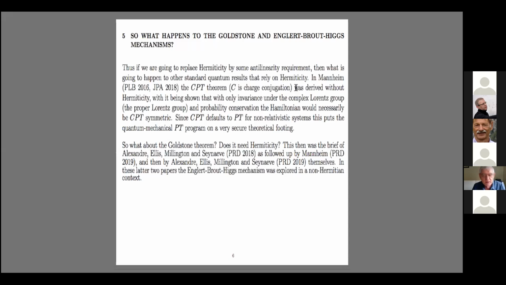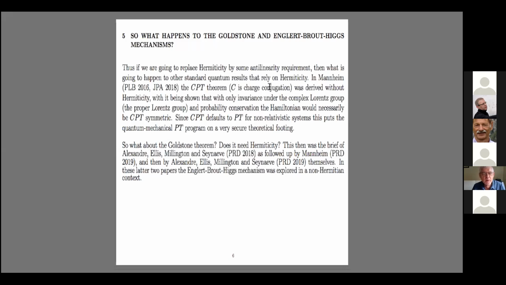And that's always puzzled me, because one of the big achievements of the CPT theorem was to show that the K plus and the K minus particle-antiparticle lifetimes were equal. But the lifetimes are only non-zero because the states aren't stable, in which case, how could the Hamiltonian, if it were Hermitian, have non-stable states? So there had to be some extension of the CPT theorem to non-stable states.